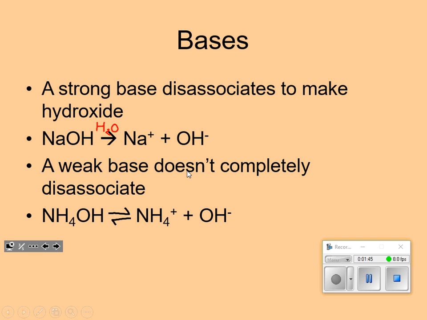A weak base similarly doesn't completely do it. Most commonly, you're going to see all non-metals involved with something like this. An example could be ammonium hydroxide, only partially makes the ammonium and the hydroxide ion. So the simplest way to identify is a single arrow versus the double arrow when determining that.